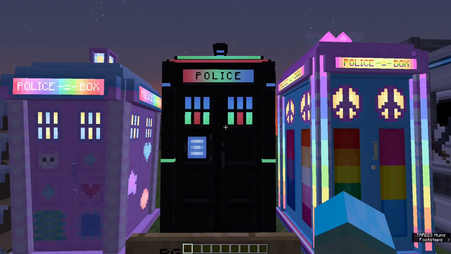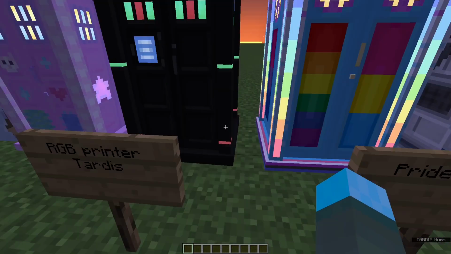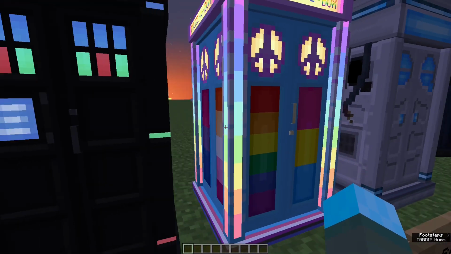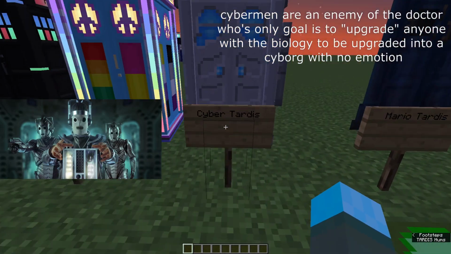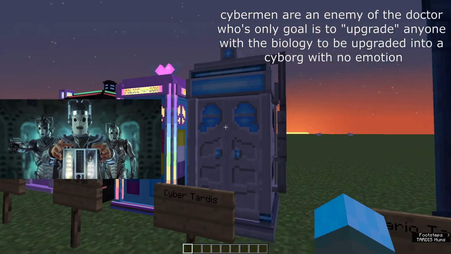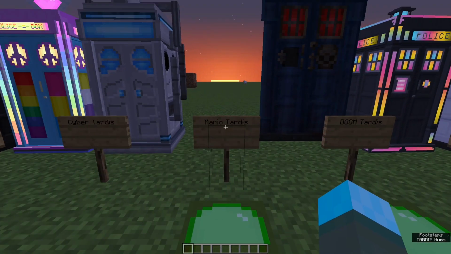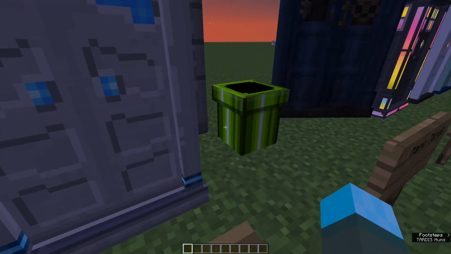RGB printer TARDIS, it's got colours of RGB on it, so red, green, blue. Pride TARDIS, pride flags. Cyber TARDIS. Mario TARDIS, it's another chameleon cartridge. It's a pipe.